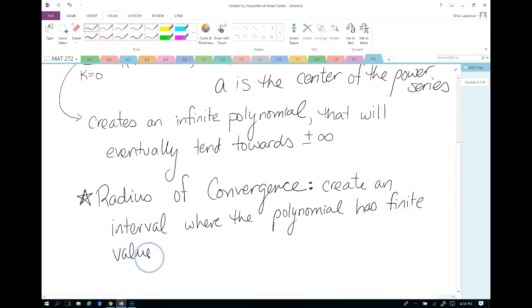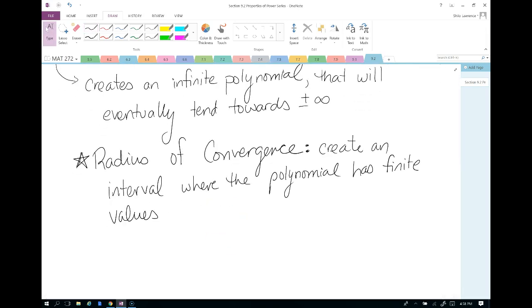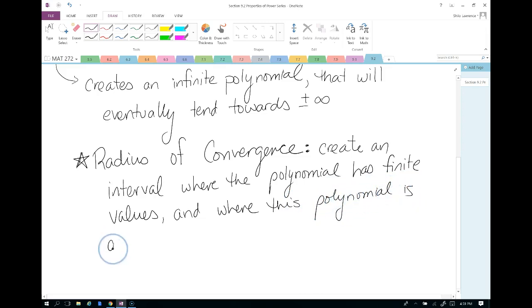We're typically not interested in this polynomial as it shoots off to positive or negative infinity, unless we're using it specifically to model another function that's shooting off to positive or negative infinity as well. And it tells us where this polynomial is a good fit for the original function, or a good approximation. Now it might still not be exact, but they stay nice and close.